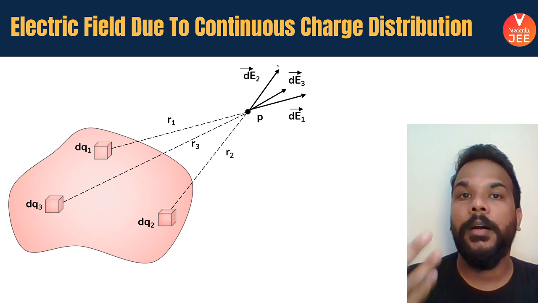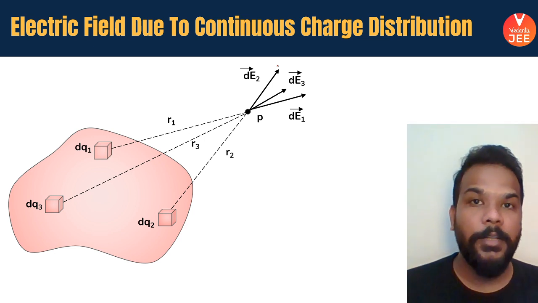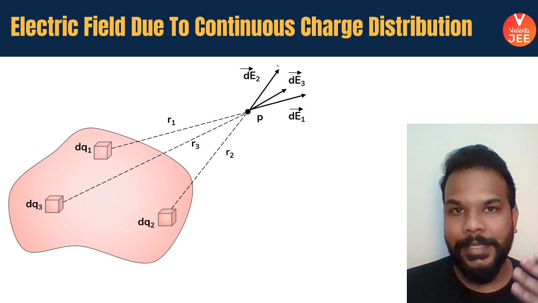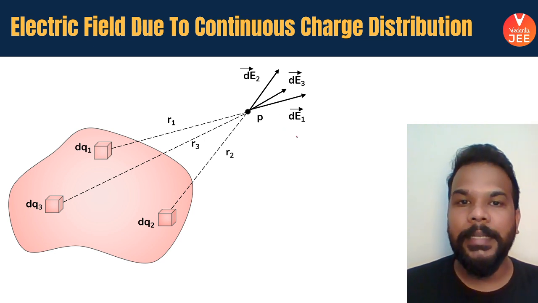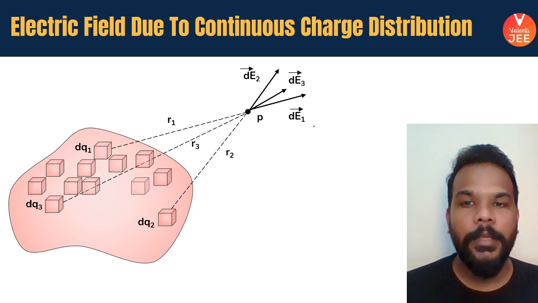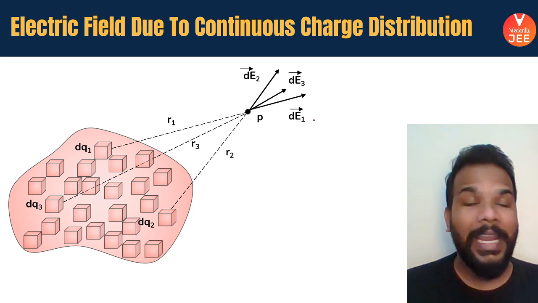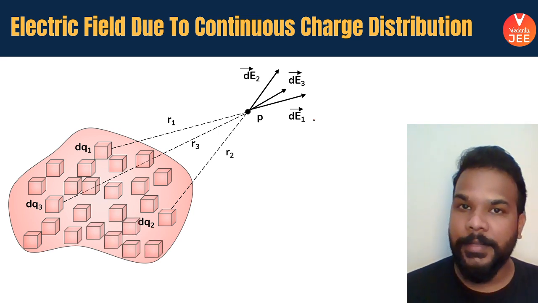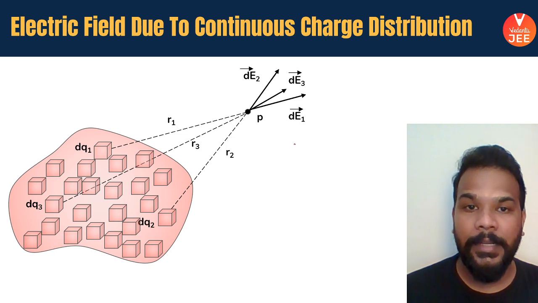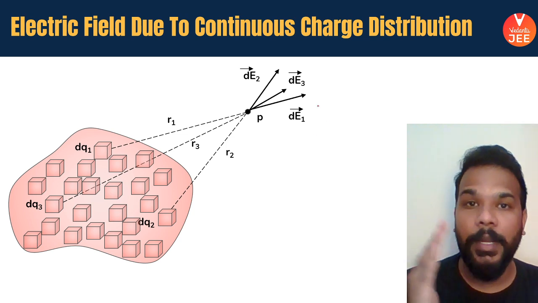This is a visualization that we need to understand. When we start doing this, we try to convert the entire body into an infinite or n number of such elements, because of which the electric fields are going to be dE1, dE2, dE3, dE4, dE5, like that.